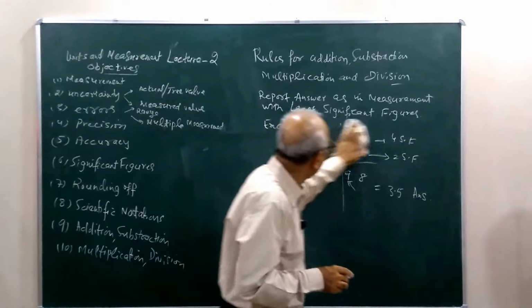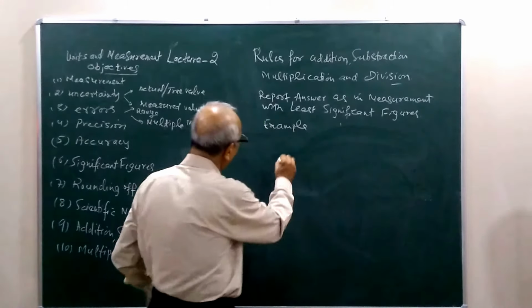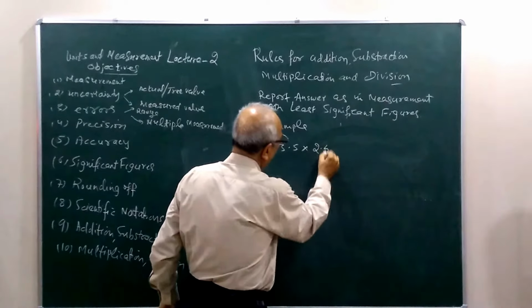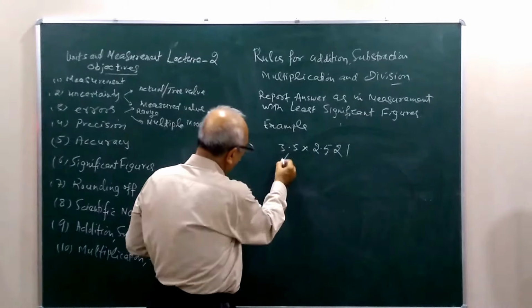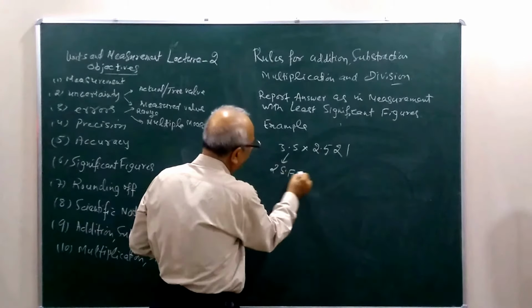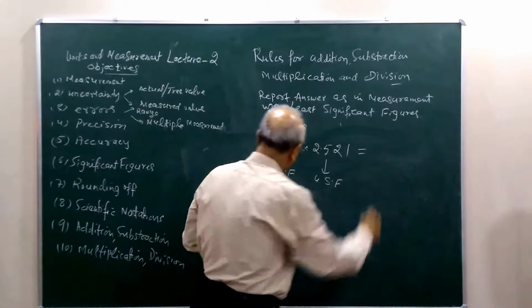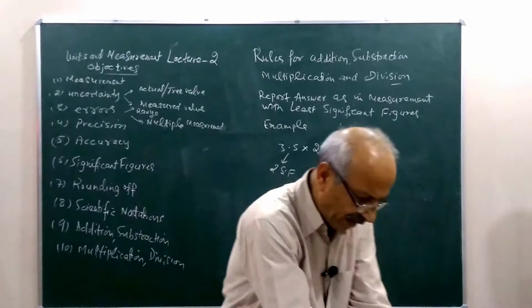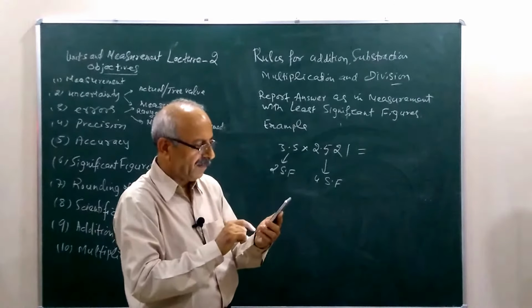Therefore, we can also multiply the numbers. Supposing I am multiplying 3.5 into 2.521. This has 2 significant figures. This has 4 significant figures. And my answer should be in 2 significant figures. Let me see in my calculator the value which I will get.